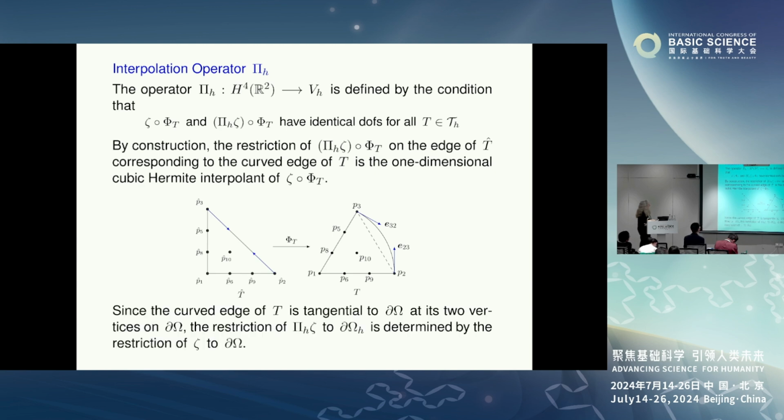Now, since the curved edge of T is tangential to the boundary of omega at its two vertices on the boundary, the restriction of pi h zeta to the boundary of omega h is determined by the restriction of zeta to the boundary of omega.